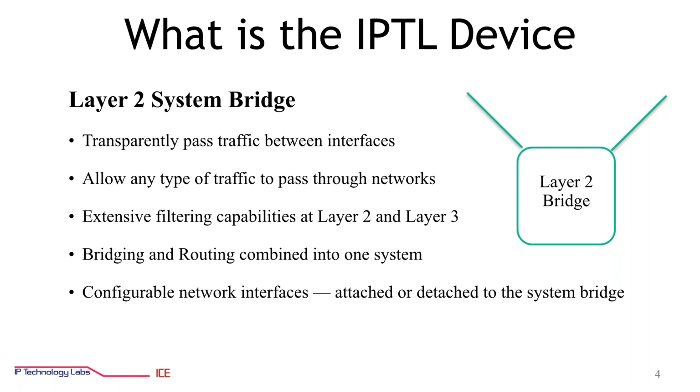We can do extensive filtering at both the layer 2 and layer 3 levels. So if I'm bridging traffic between Ethernet interfaces and tunnel interfaces, I can also filter at that layer 2 level. We combine bridging and routing into one system.